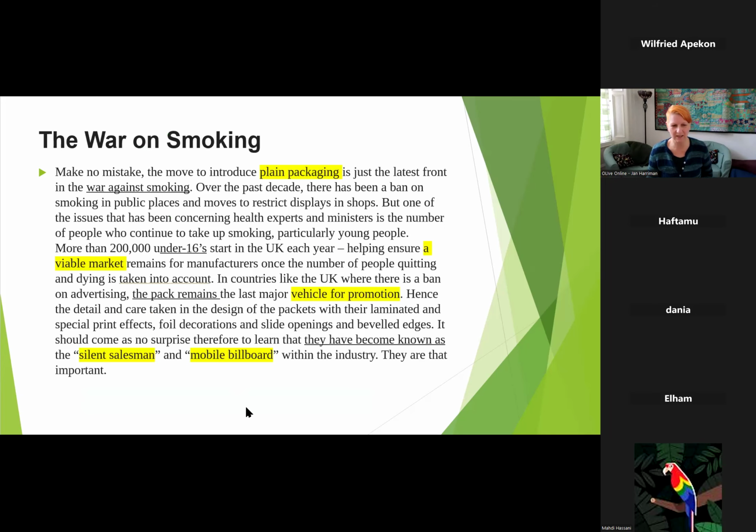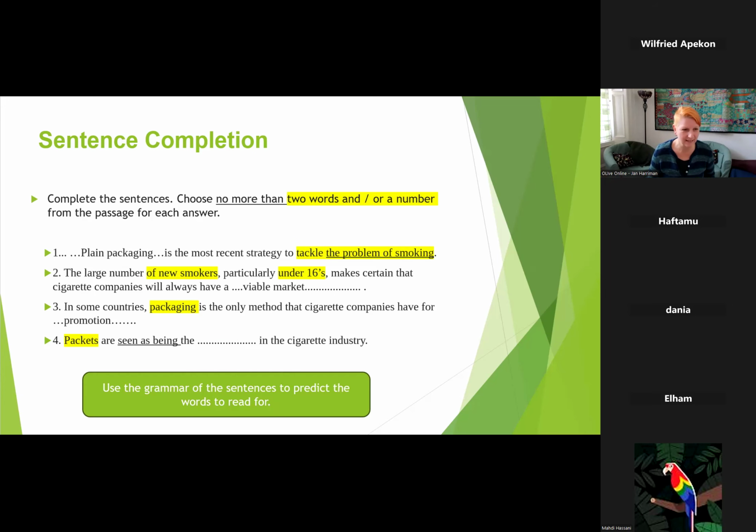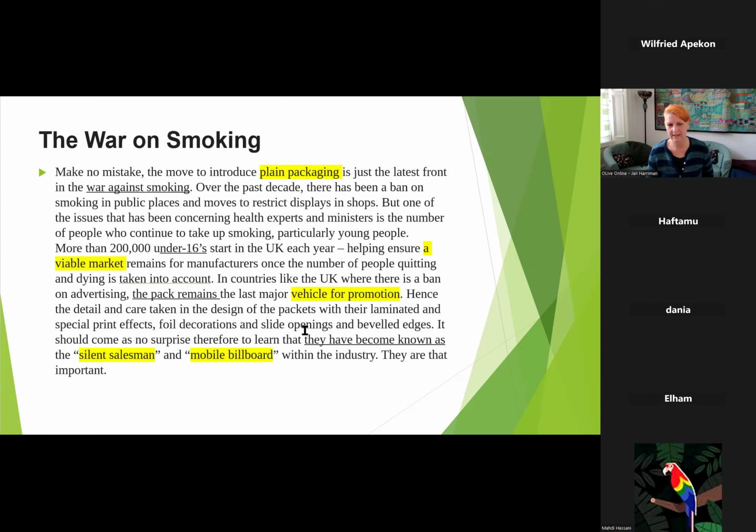And last of all, they have become known as, so remember our question was packets are seen as being synonymous with they have become known as, and either of these two would be correct.